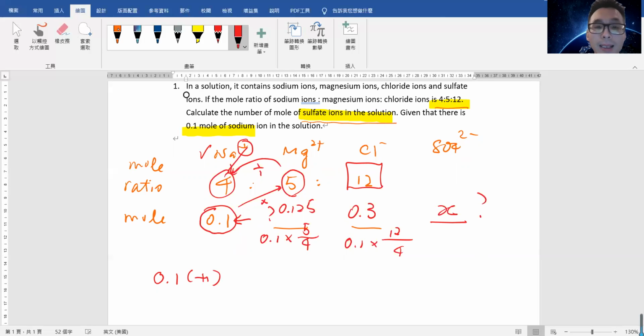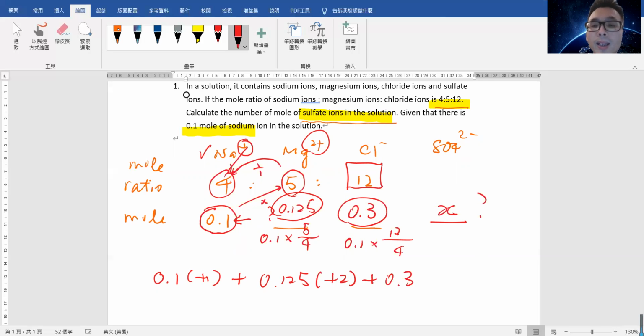And then magnesium, 0.125 inside the solution, and it contains 2 positive. And chloride, 0.3, and it contains 1 negative. And the last one, we let it be x, it contains x mole. And each sulfate ion carries -2. So it will be x times -2, and then we put it as 0.